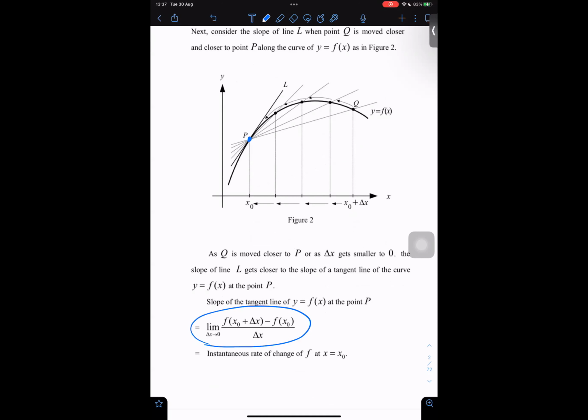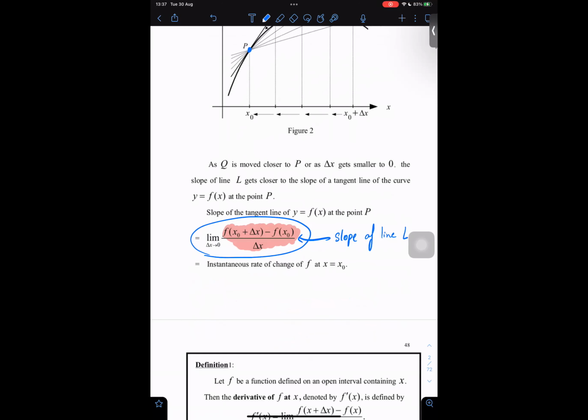So here is the definition of the slope of line L, and we move the difference between these 2 points closer and closer to 0. So we take the limit of delta x approaching 0. This gives us the instantaneous rate at x equal to x0.